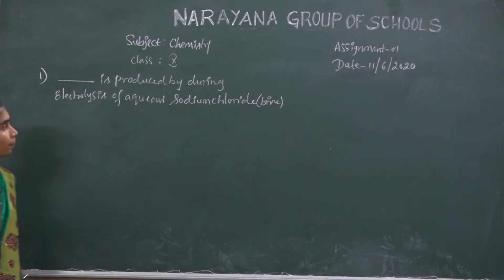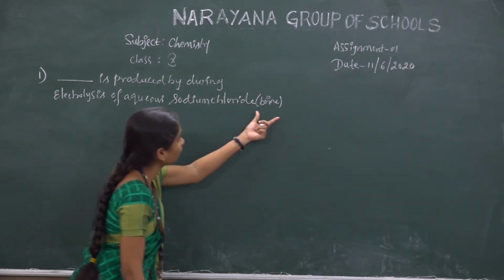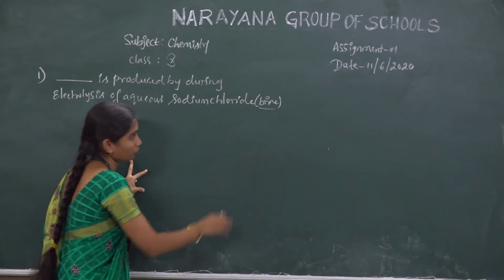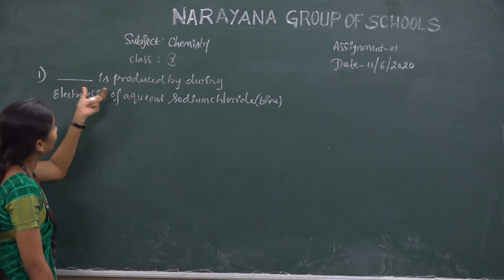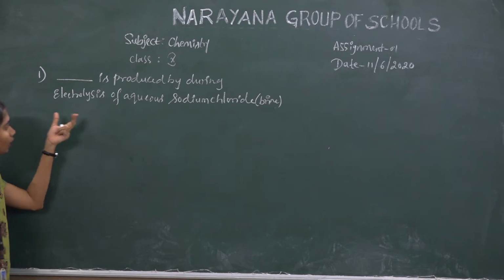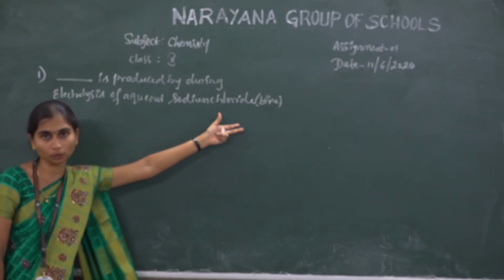What we used to say, aqueous sodium chloride, we can also call it brine solution, right? So the dash is produced during the electrolysis of aqueous sodium chloride.